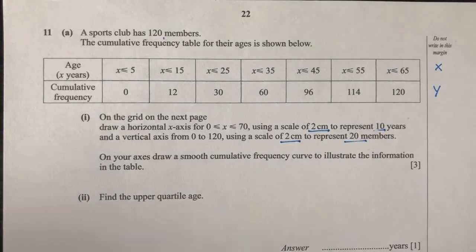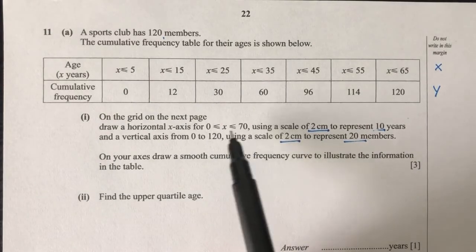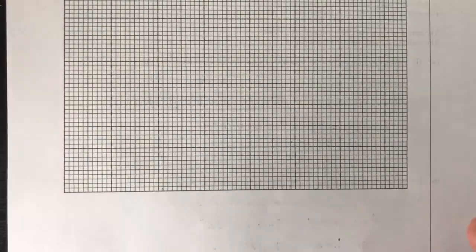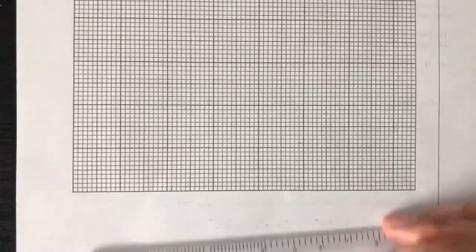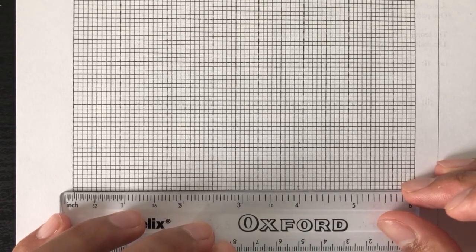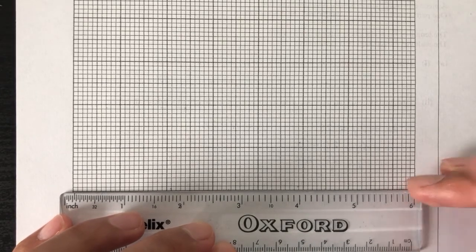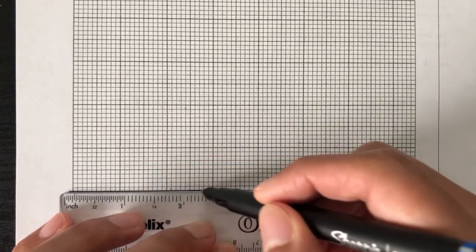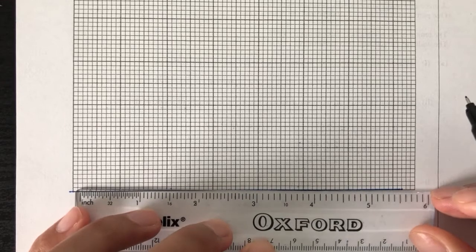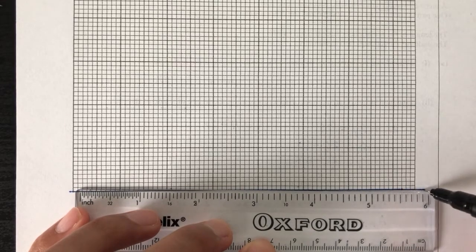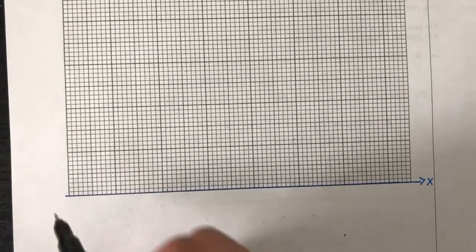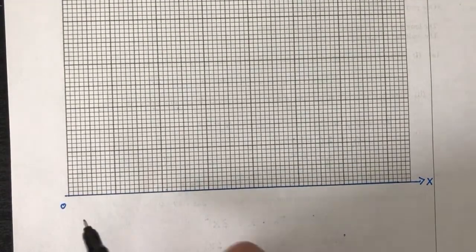So let's do that. For the x, we have from 0 to 70. So this is our graph. We have x and y. Here we have to label this as x, and that will be a scale of 0 to 70.